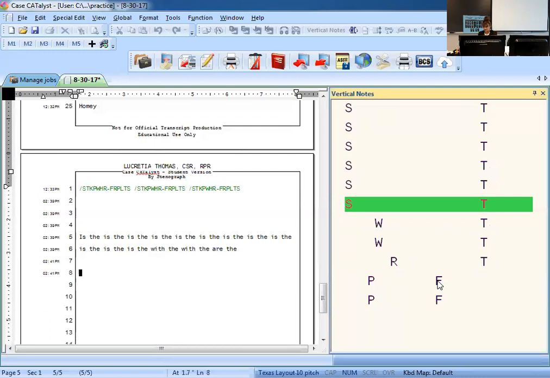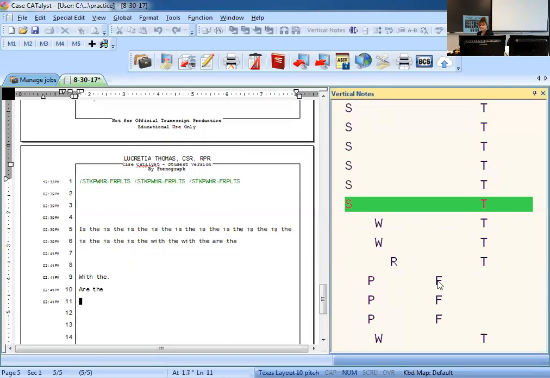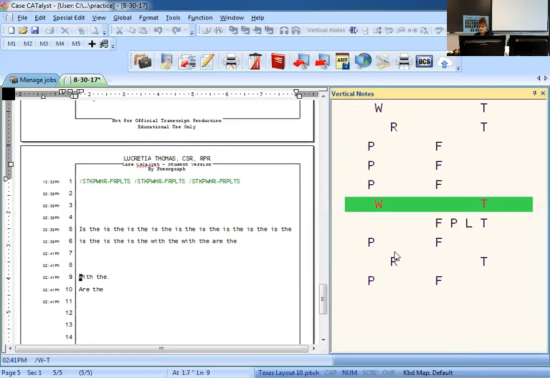It really makes a difference. So one more time: with the, WT; are the, RT; is the, ST. Okay, very important that you all memorize these. Anytime you see a box, high frequency phrases, you have to memorize it.